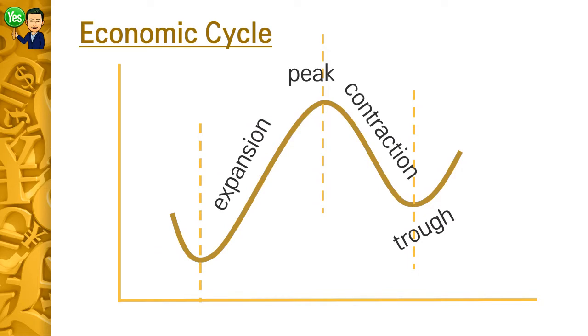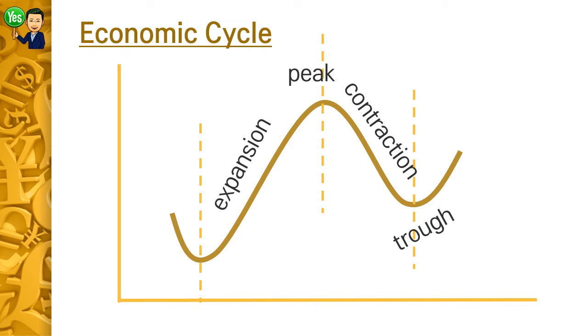Before we go to the all-weather portfolio, or I say four-season portfolio, we need to check the economic cycle. The economic cycle, or some people say business cycle, is basically business going up and down and going up again.